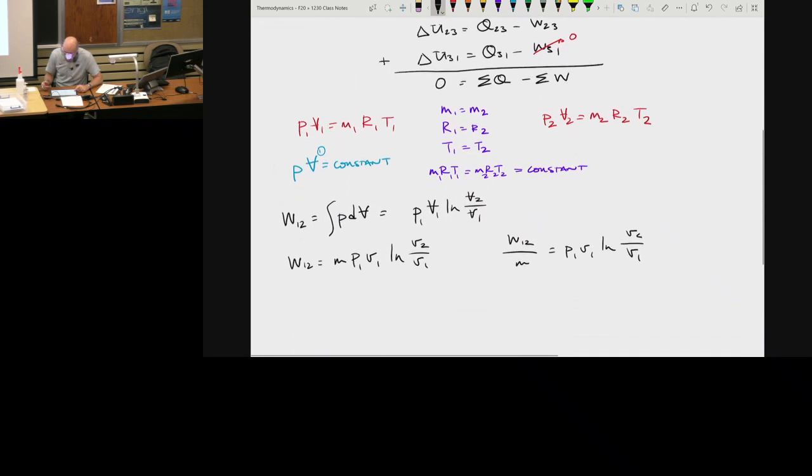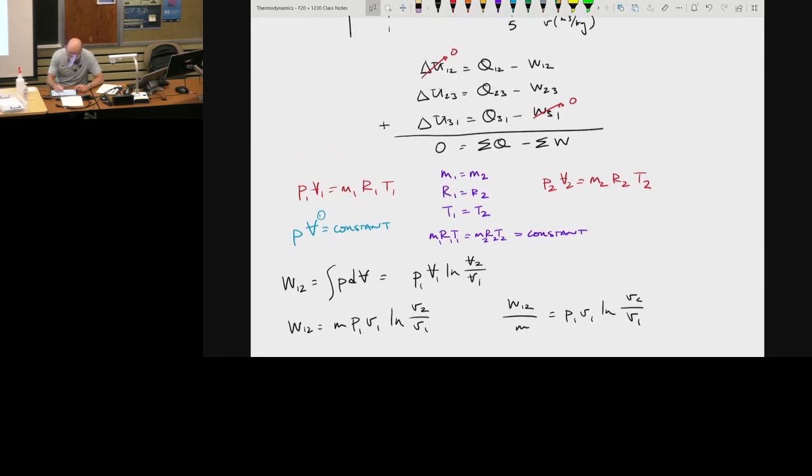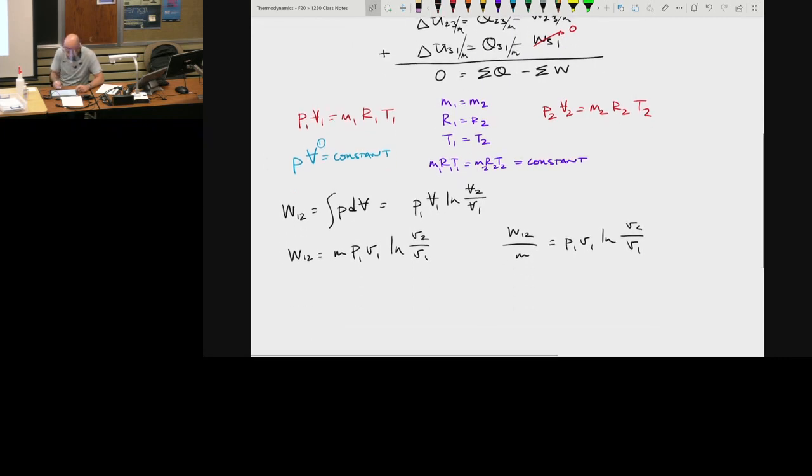Okay, so I have to make sure all of my data is per unit mass, so I'm going to divide everything in this equation by mass. Now I can solve this. Work 1,2 over mass is equal to pressure 1. I'm not going to keep referring back up there; you can see it in your notes.